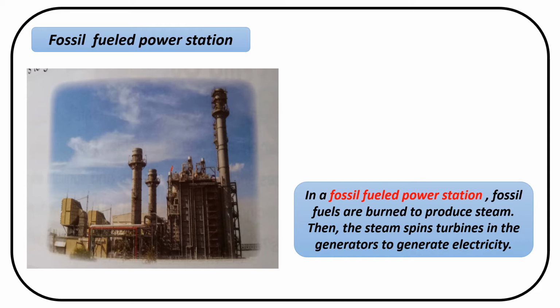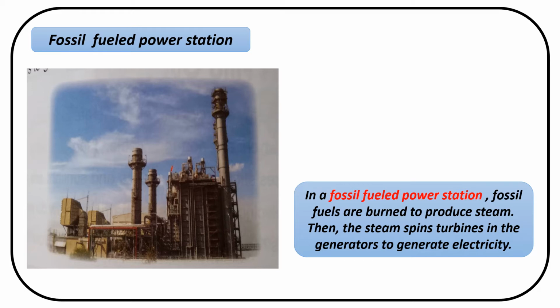They are burnt to produce steam. When the natural gas and coal are burnt, they produce steam. Then the steam spins turbines in the generators to generate electricity. Do you understand? As you know, we looked at examples of fossil fuels.